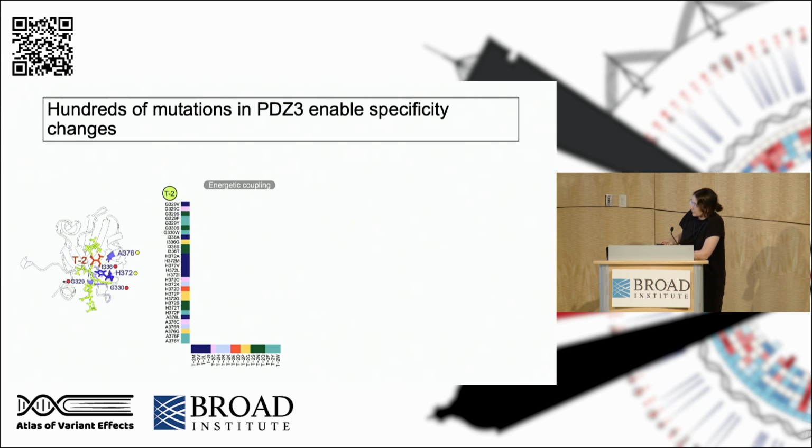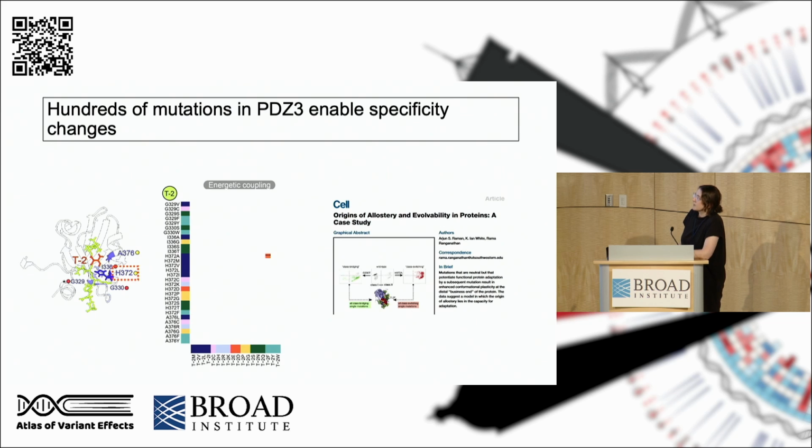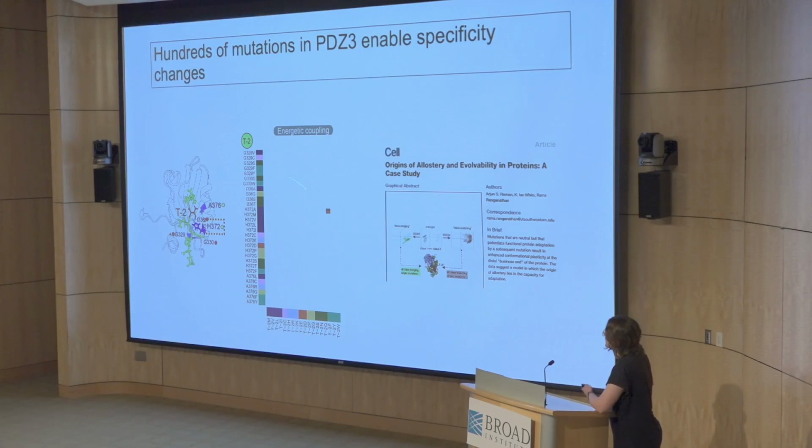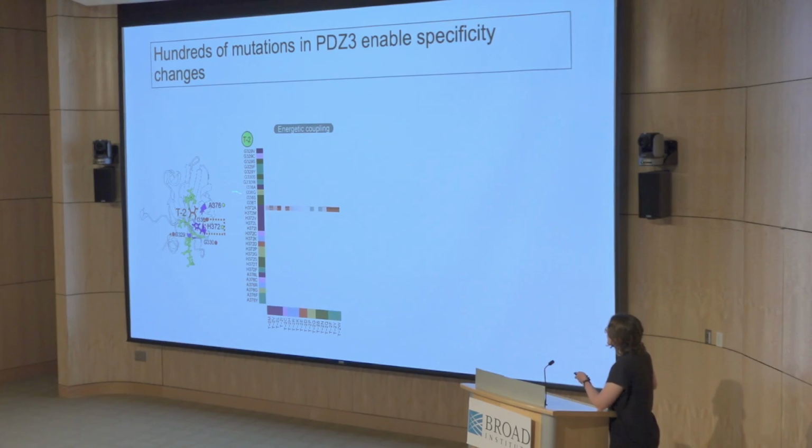And of course, we have resolution into the specific mutations that are coupled in this interaction. And just to show you that we get this sort of smoking gun mutation pair, which was really beautifully characterized in this study. But beyond this, this very famous class-switching mutation, we see many other mutations that achieve the same effect.